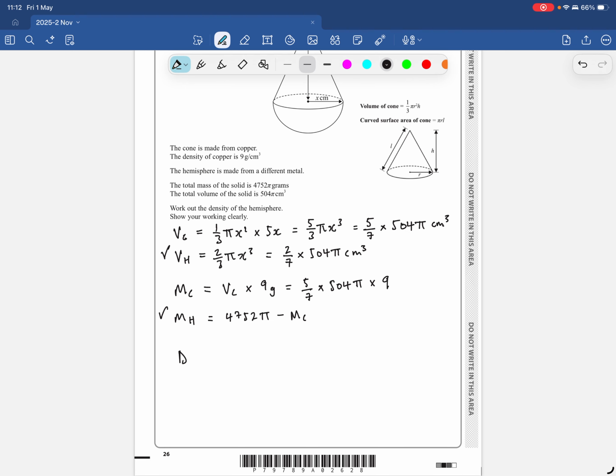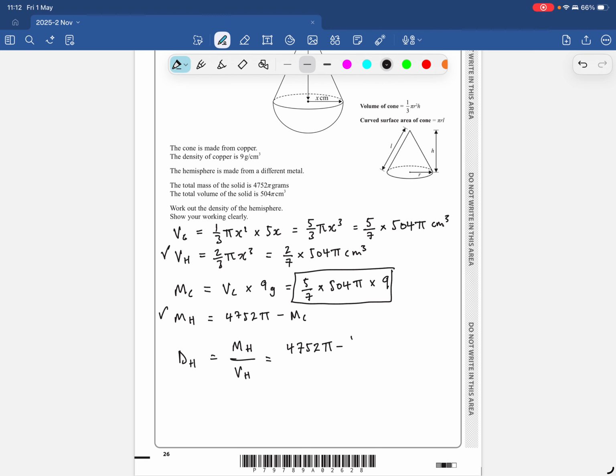So I'm just going to go ahead and say that the density of the hemisphere is equal to the mass of the hemisphere over the volume of the hemisphere, and that's equal to 4752 pi minus MC, which is this value here.